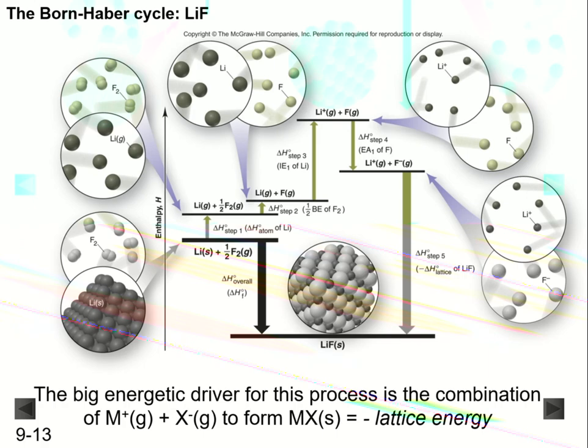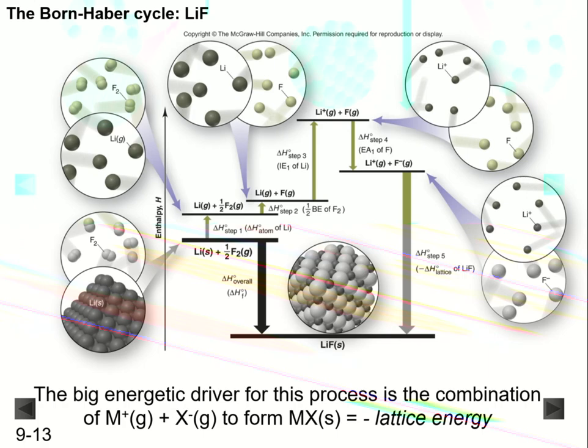And then we can take that electron and stick it onto the fluorine gas to give fluoride. And that step is exothermic, so the arrow goes downward. So we're at the very top black line going downward to now lithium plus gas plus fluoride minus gas. Before we take the last step, let's go to the very bottom and look at lithium fluoride again.